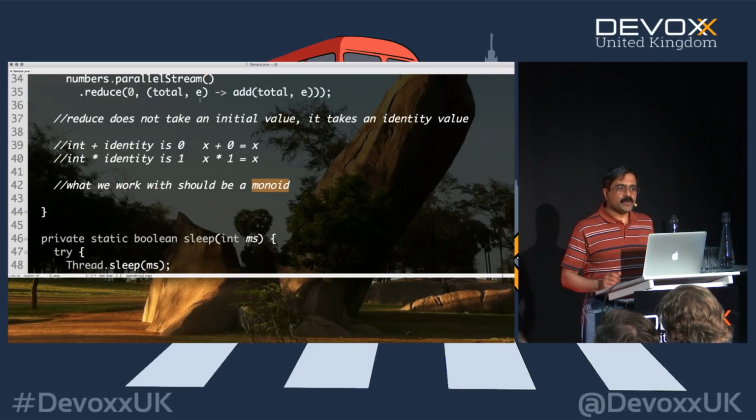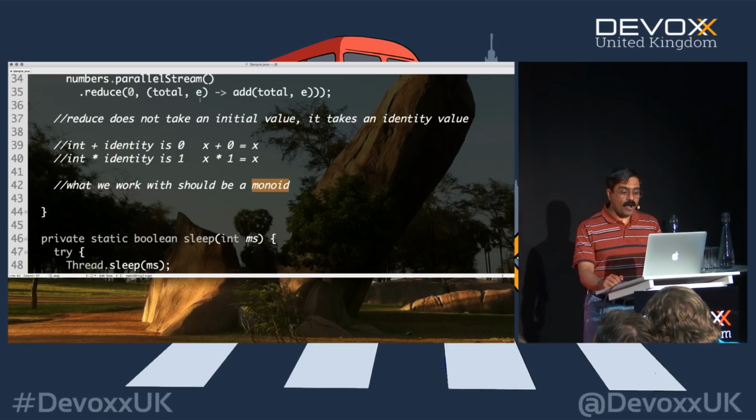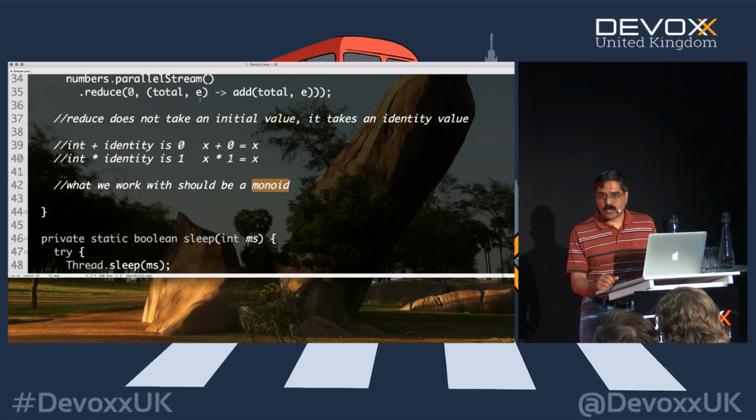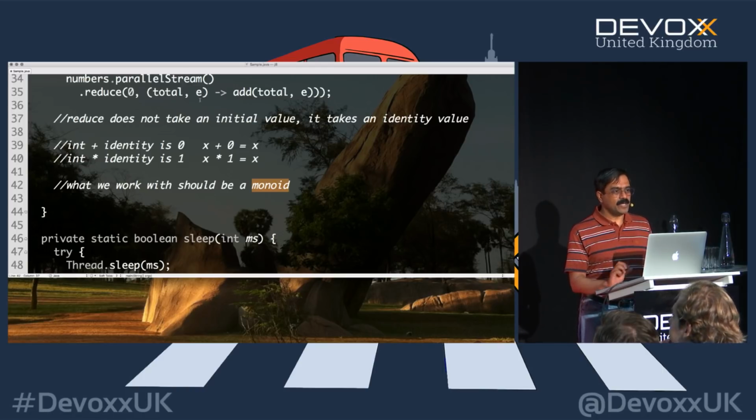So there are certain rules like this for an operation to be monoidic. And if the operation you're performing is not monoidic, if the collection you're working with is not monoidic, you cannot use reduce with it. This is why it goes a little deeper than just dealing with the API. We really have to understand what we are working with.